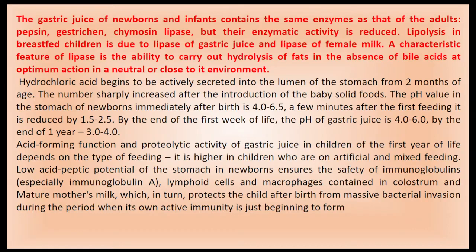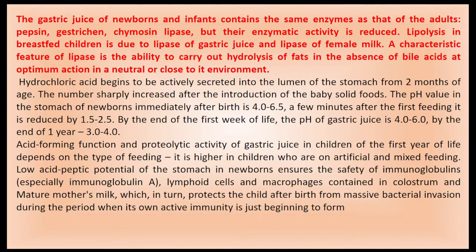3 to 4. Acid forming function and proteolytic activity of gastric juice in children of the first year of life depend on the type of feeding. It's higher in children who are on artificial and mixed feeding.